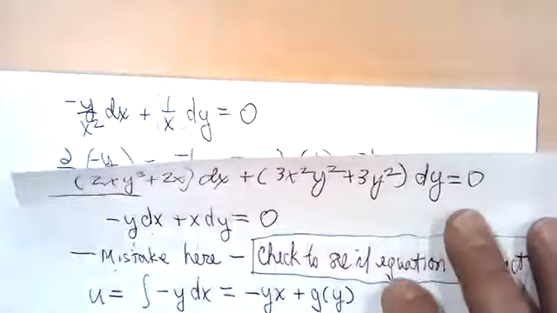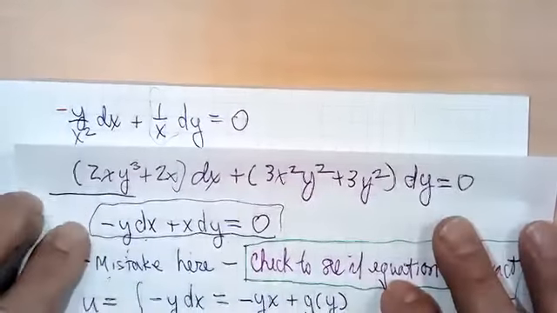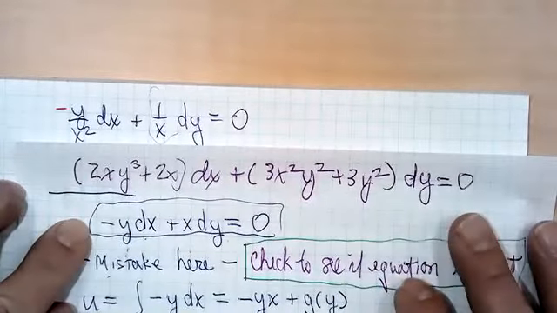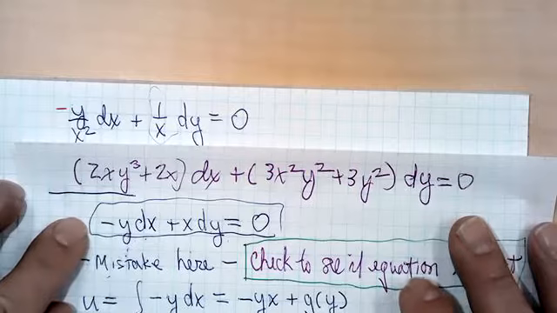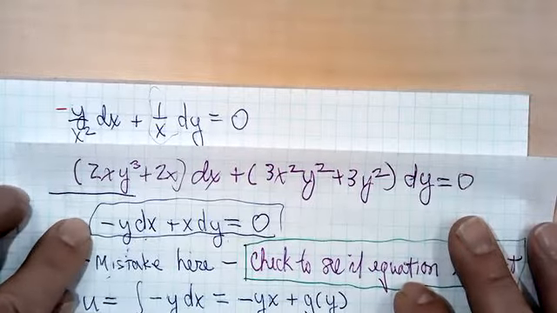Oh, right here. We started way back here. That equation is particularly amenable to being converted to an exact equation. If you divide it through by x squared, it becomes exact.